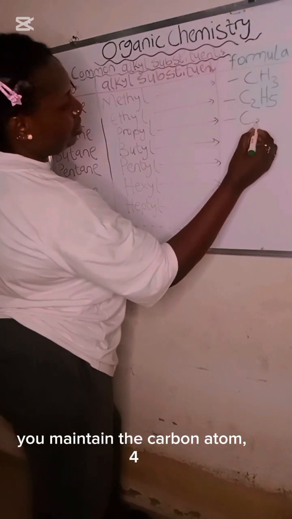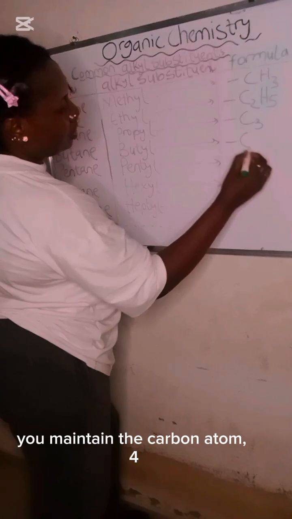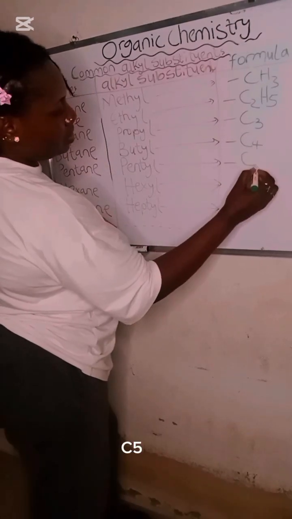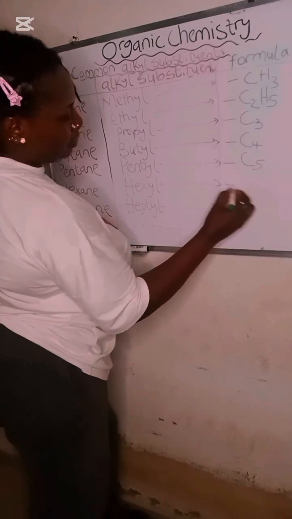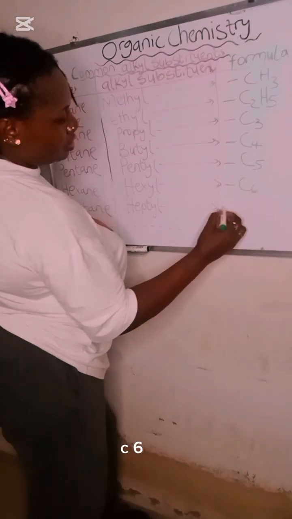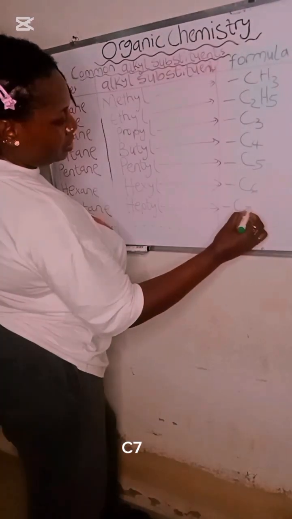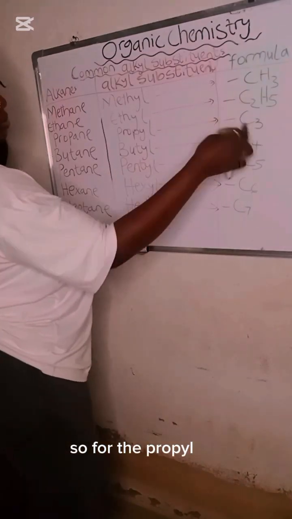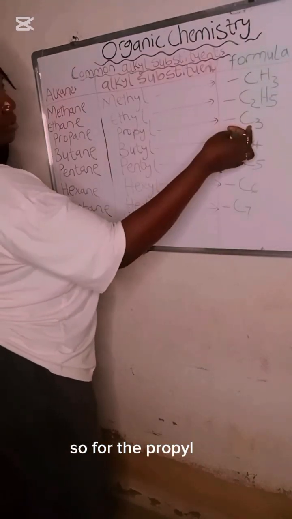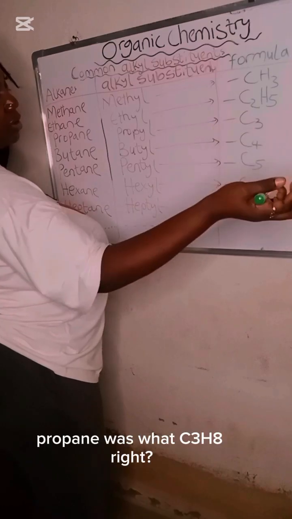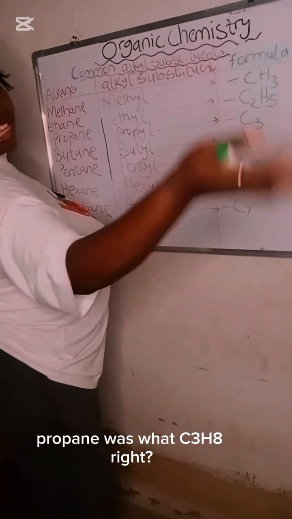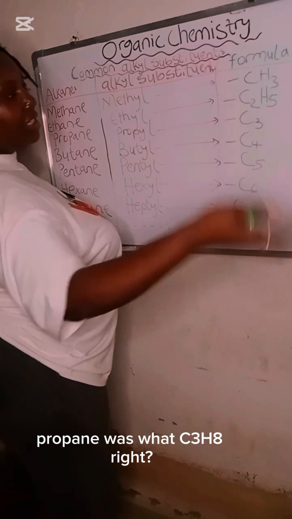You maintain the carbon atom for C5, C6, C7. So for the propyl, propane was what? C3H8, right?